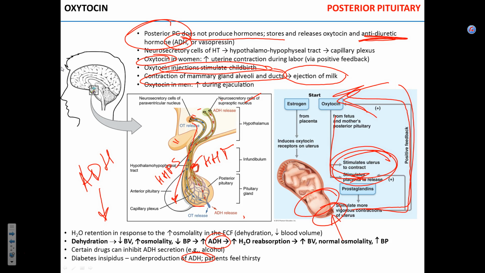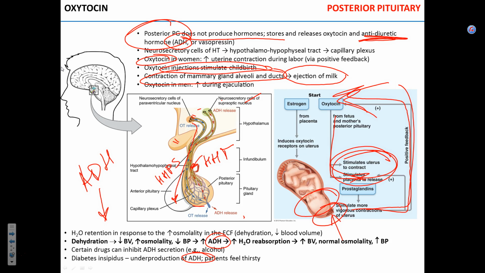Anti means prevents you from doing what? Peeing. Yeah, releasing water. It prevents you from peeing. Okay. Now, if this hormone prevents you from peeing, what is essentially its function? What does it keep in the body? Water. Now, if it keeps water inside the body, what should be a stimulus for keeping water inside?